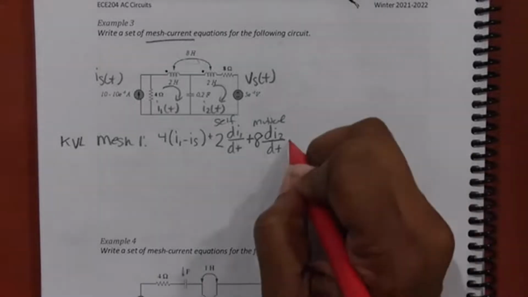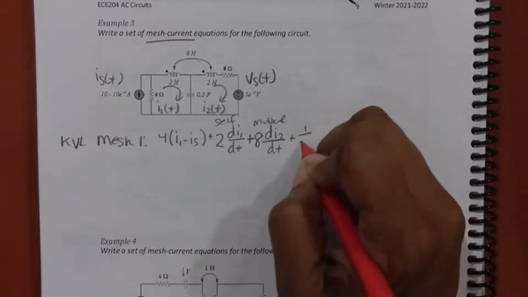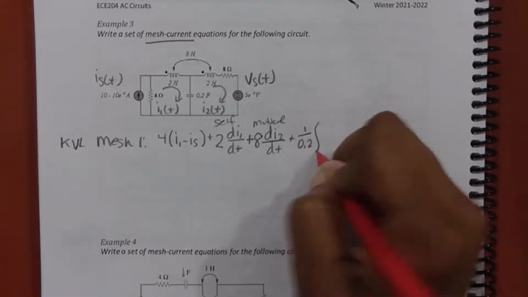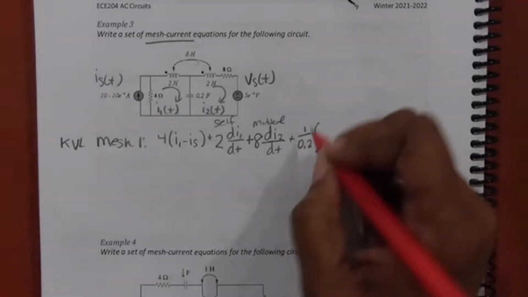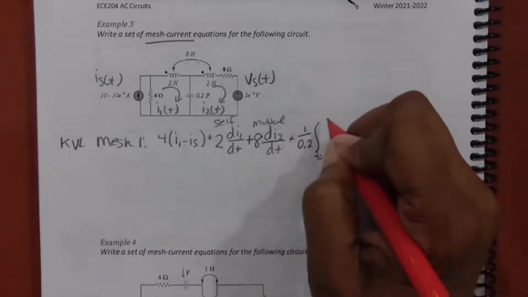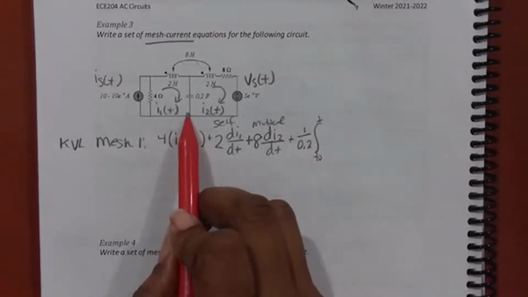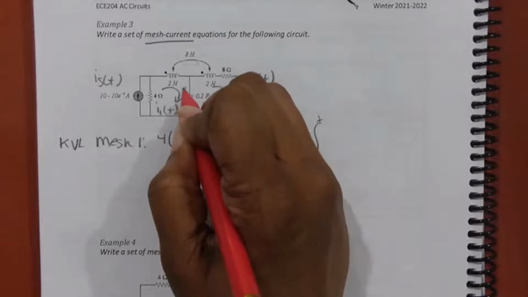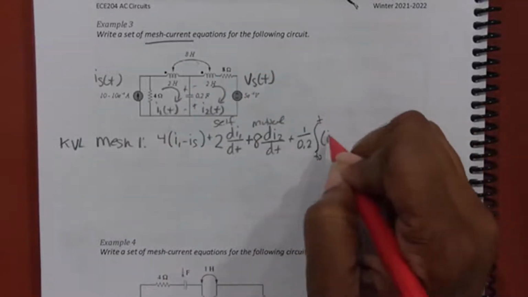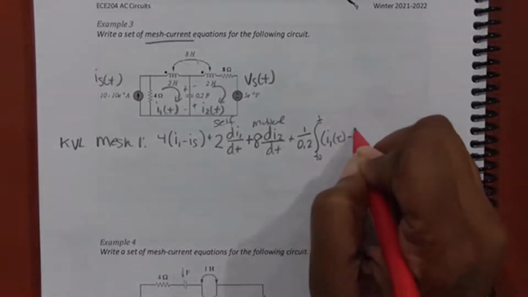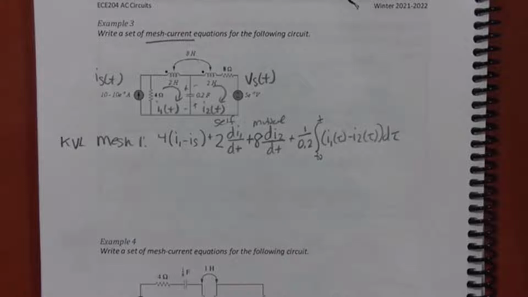And now the voltage across the cap is going to be an integral. It's going to be 1 over 0.2, the integral from t naught to t of, since the capacitor is shared between 2 meshes, I1 of tau minus I2 of tau d tau.